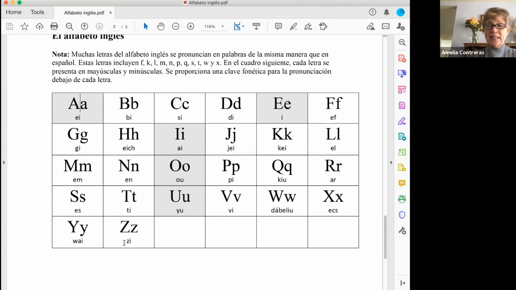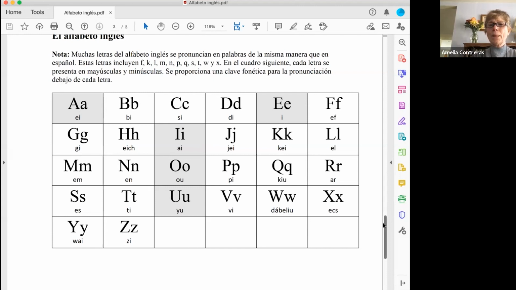The 26 letters of the alphabet has 5 vowels, the shaded letters A, E, I, O, and U. And the rest are called consonants. And Spanish has the exact same 5 vowels. So Spanish and English are very similar.